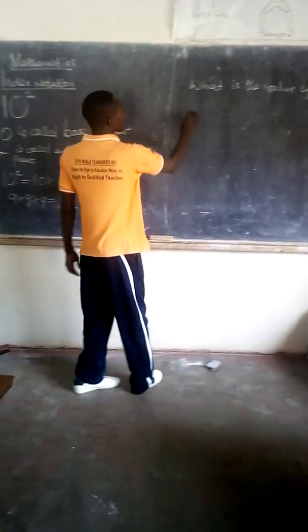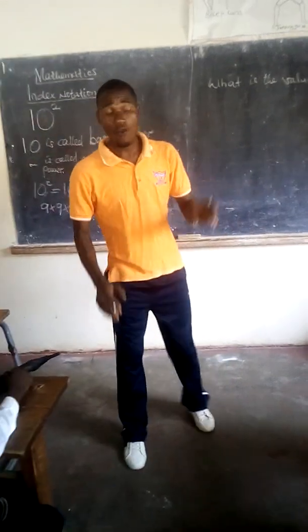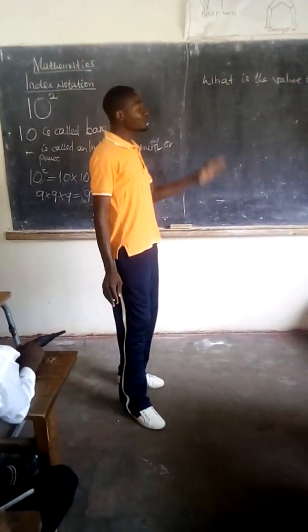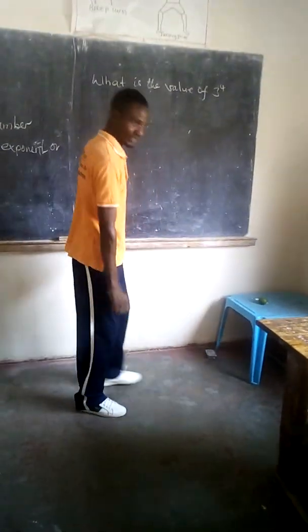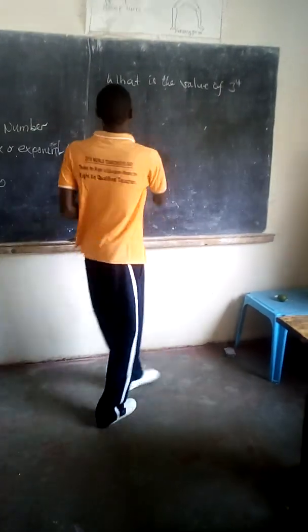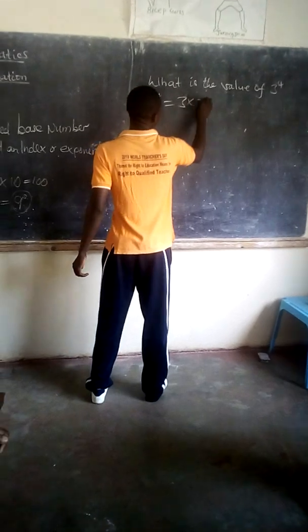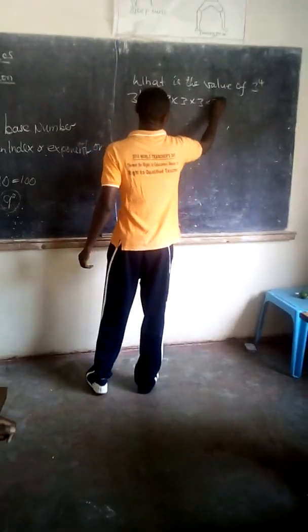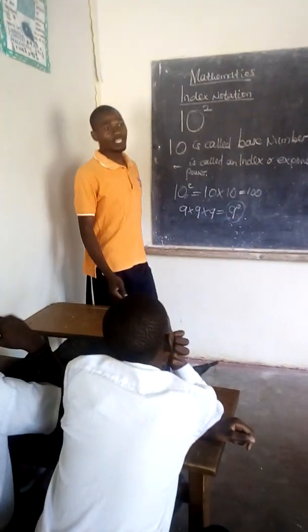Meaning this 3 is going to be multiplied by itself. How many times? 4 times. After multiplying by itself 4 times, you find the final answer. So 3 to the power 4, what would be the answer here? 12?